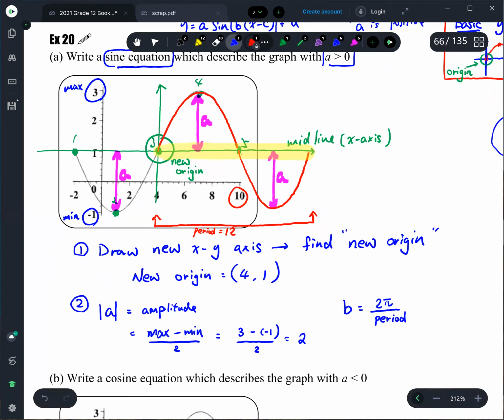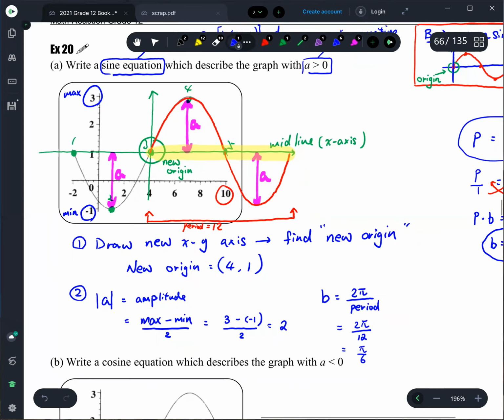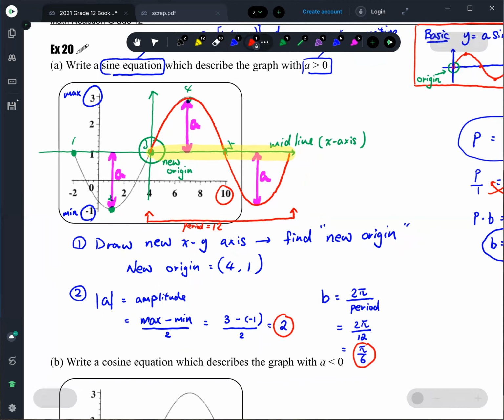So now go back to the bottom. We have B should equal 2 pi divided by 12. Of course we can simplify this: pi over 6. Okay, so we have found our A and our B. Any questions so far?